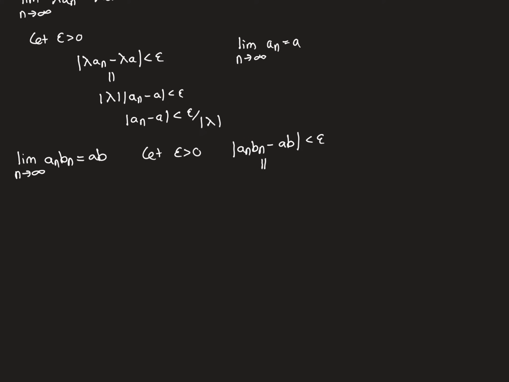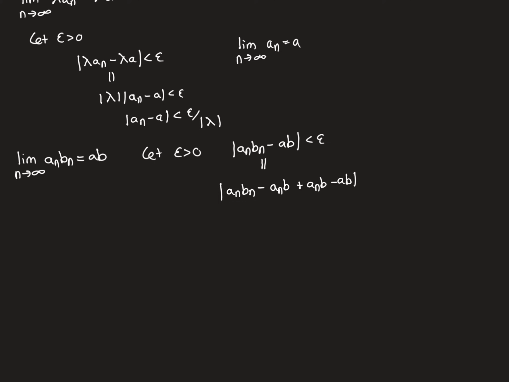But we're going to perform a cool little algebraic manipulation to put those things in. We're going to add and subtract the same thing. So we'll subtract off an times b, and then add it back on: an times b minus ab. I hope you agree there's no difference there.